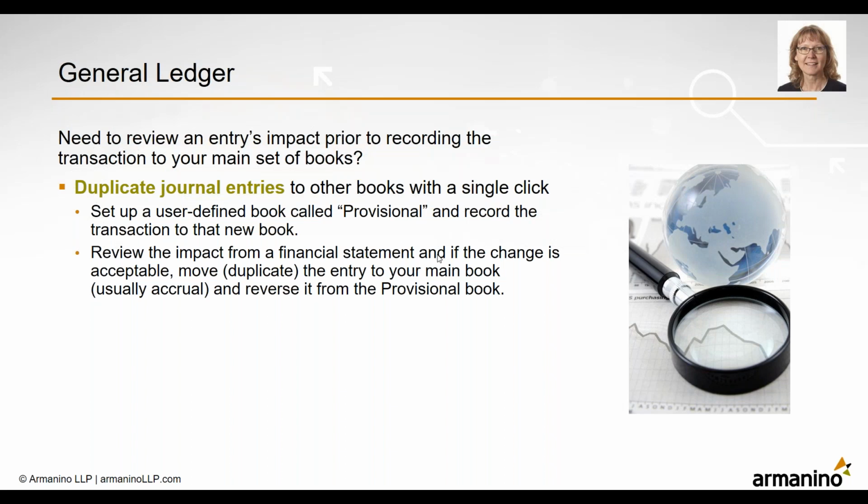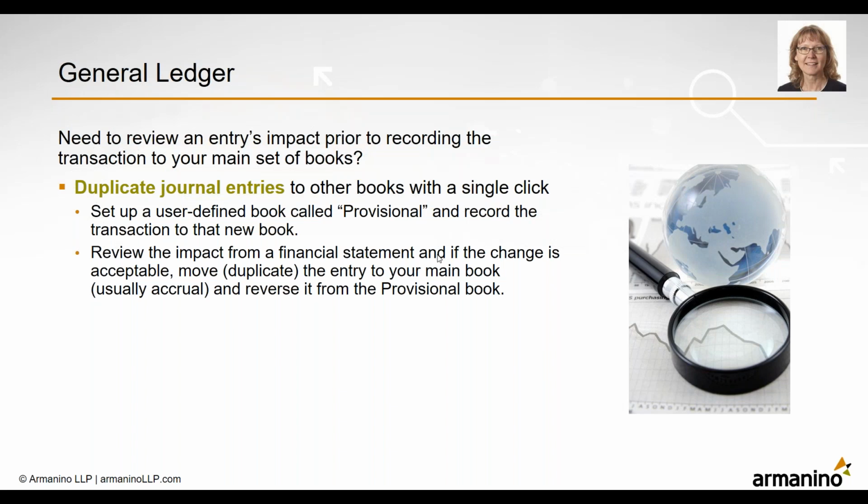So what this new feature does is it allows you to create a journal entry in one book. For example, you have a book set up called provisional books. You create an entry in those books, something that you want to test and see what the impact is going to be on your financial statement before you actually post that to your accrual books.